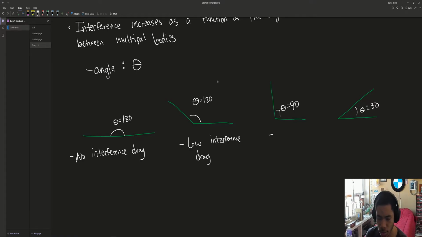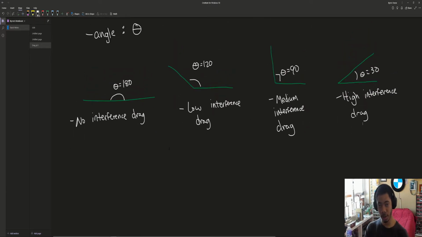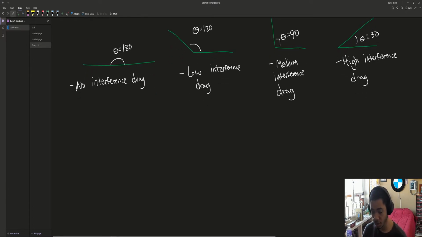Here, I'm going to call this medium interference drag, relatively speaking still. Again, all of these are relative to each other. This is going to be high interference drag. Now what we find here is that as the angle approaches 0 from 180, the interference drag increases significantly.